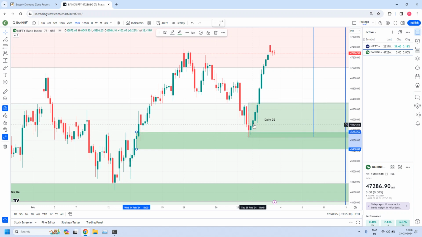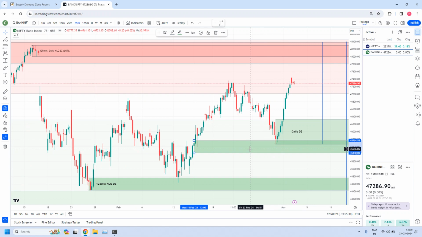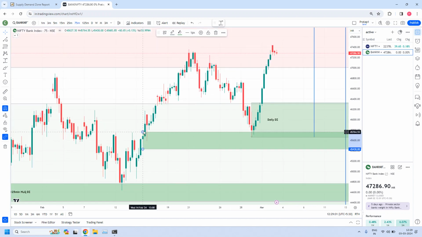Bank Nifty came here, and from here during the intraday it gave around 9% ROI until it reached the next 15 minutes level, somewhere here. Those who held the position, see, further it gave some more. Extraordinary profit. Intraday itself we thought it was extraordinary, and for those who held this position, see how much profit it would have given. But anyway, this is a 75 minutes high liquidity zone.